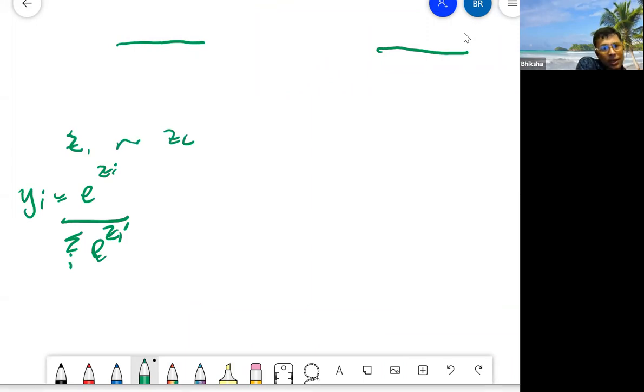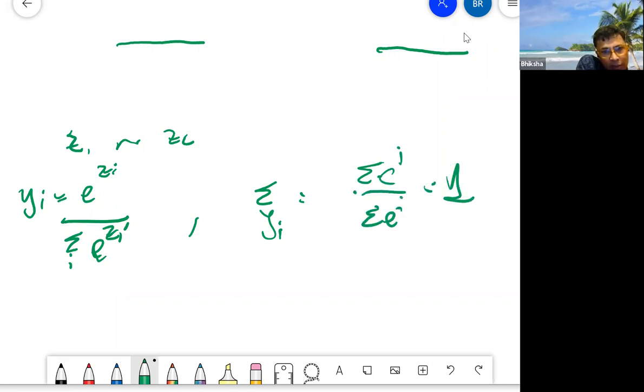So yi is always going to be positive because exponentiation results in positive numbers. Also, summation yi is simply going to give you summation e raised to Zi divided by summation e raised to Zi, which is equal to 1. Did I answer your question?